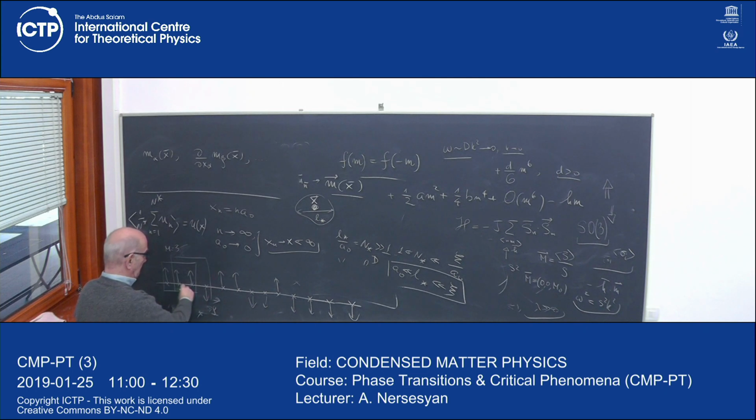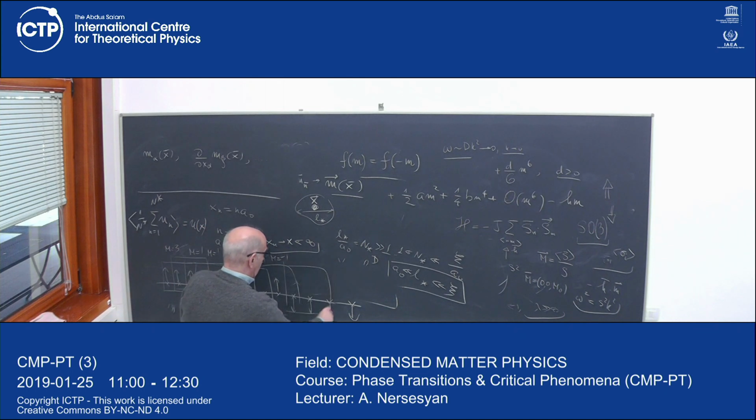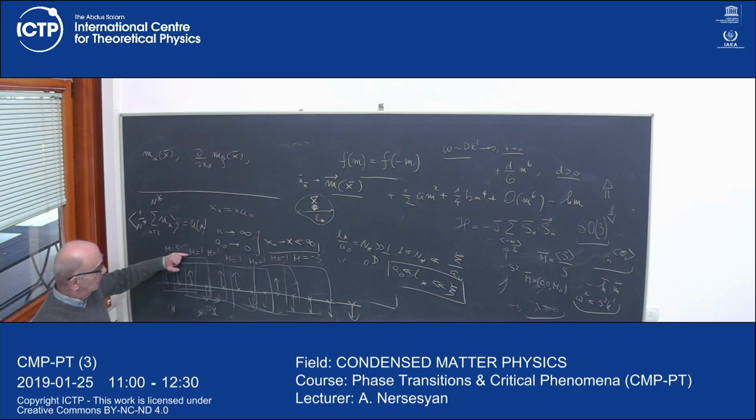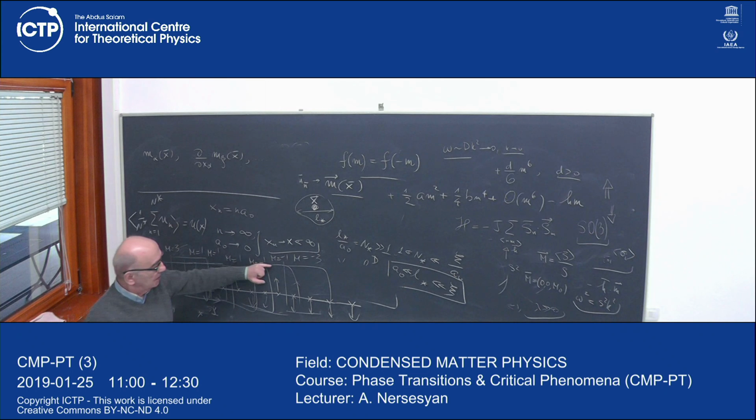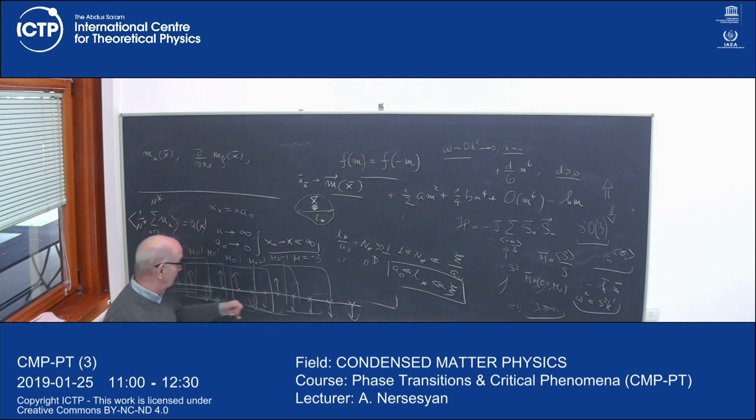Another box. The total M is 1. Another box. Again, M is 1. Another box. Again, M is 1. One more box. M is minus 1. One more box. M is minus 1. M is minus 3. So you see, you go from 3 to 1 to 1 to 1 to minus 1, minus 1, minus 3. All right? And this is because we have chosen a box with 3 sites.